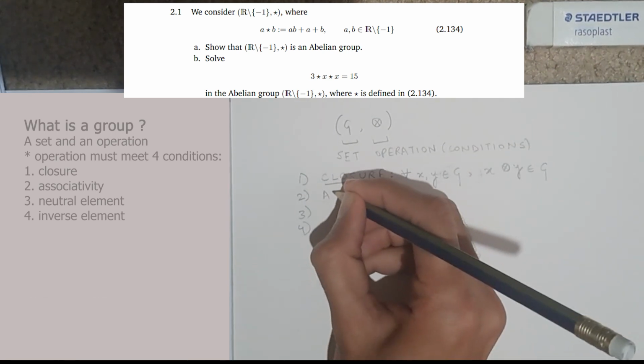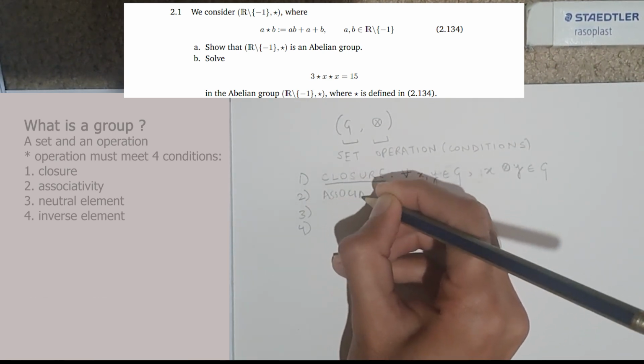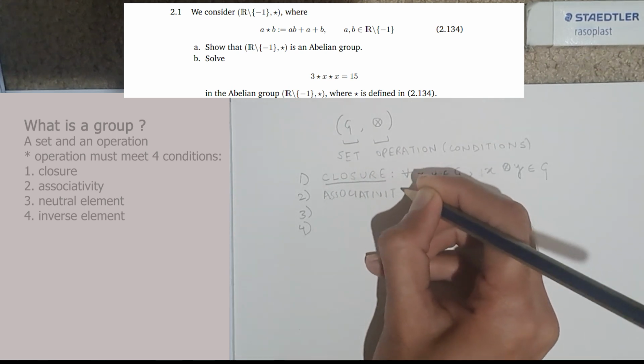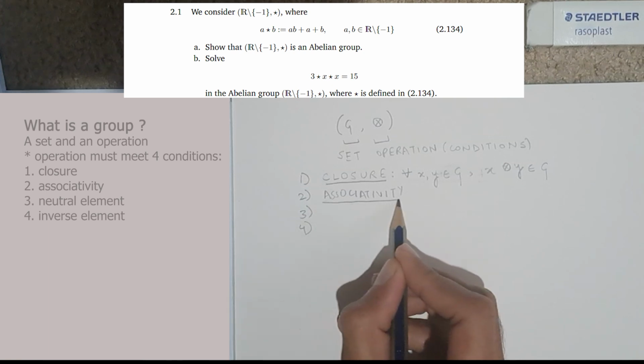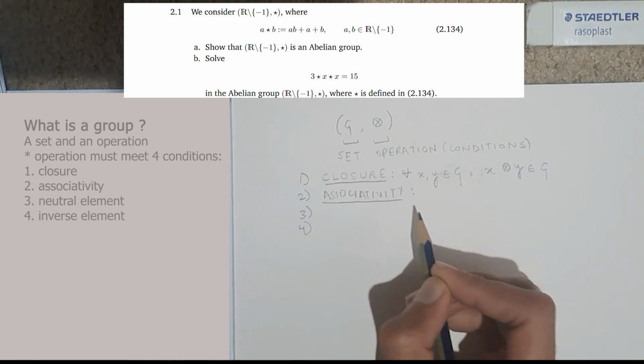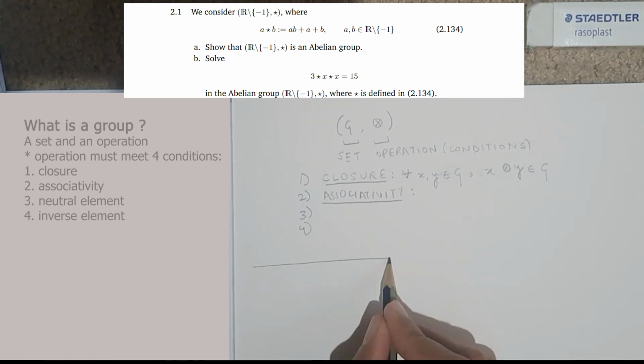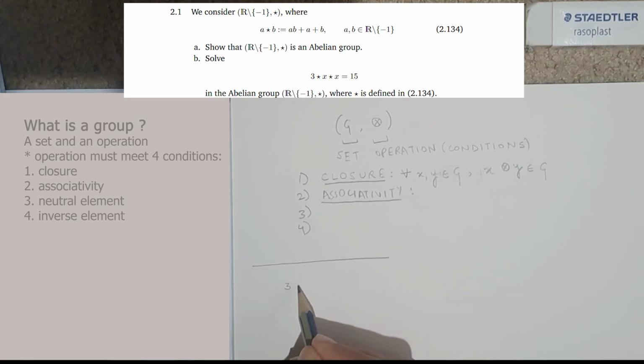Let's look at associativity. I hope I'm spelling it correctly. Anyways, it's not an English class. Let's look at an example here. Consider this, 3 plus 2 plus 4.